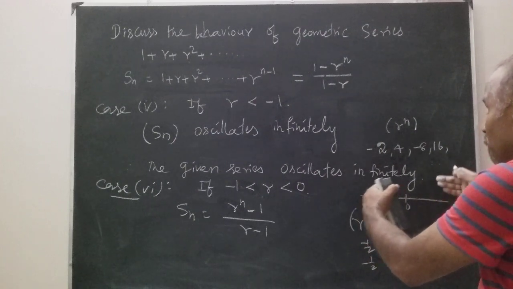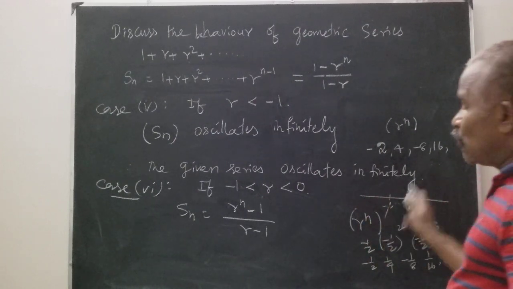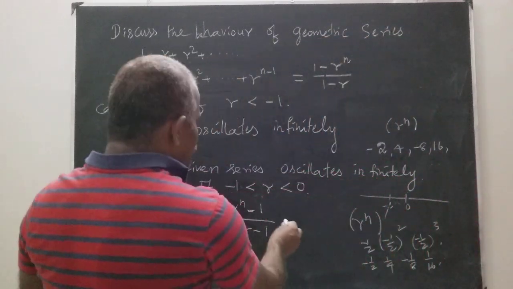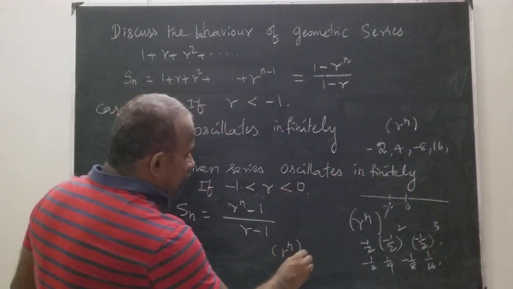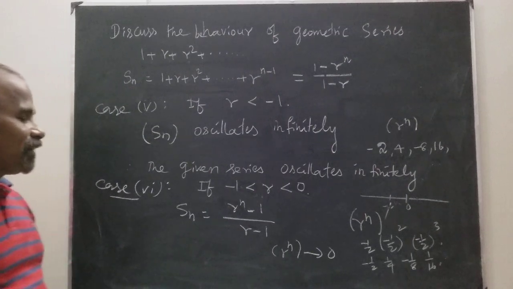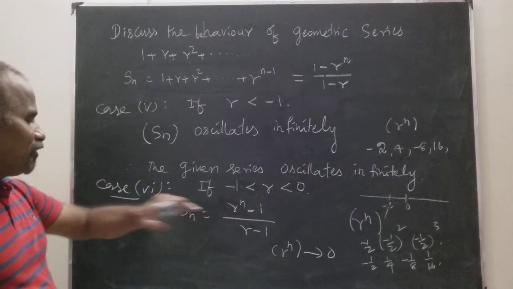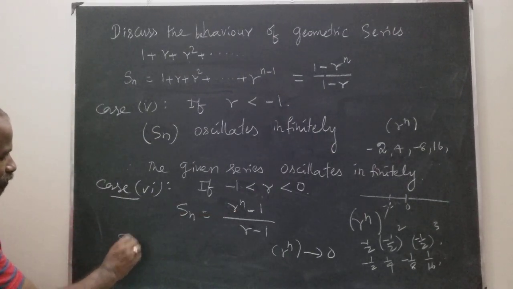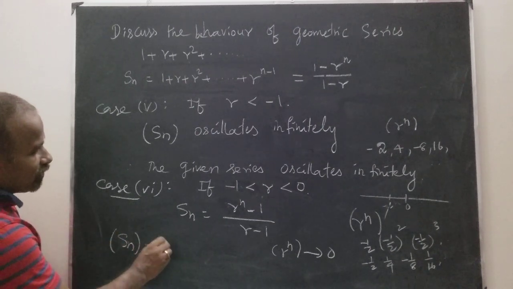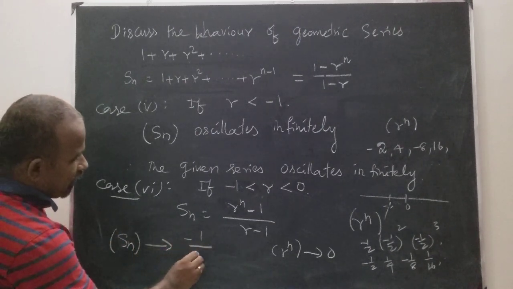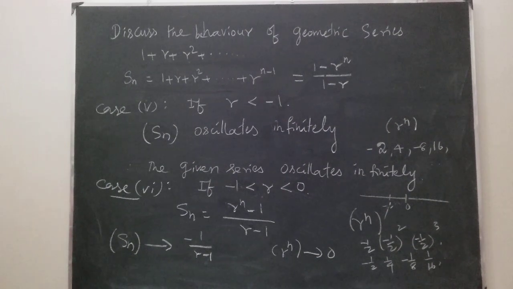So it oscillates, but it approaches 0. Therefore the sequence r power n converges to 0. Therefore the sequence of partial sums also converges to -1 by r minus 1, or otherwise 1 divided by 1 minus r.